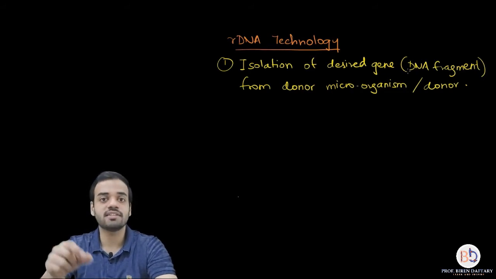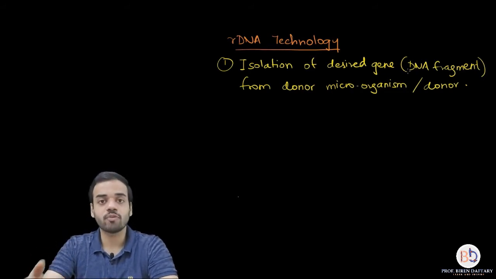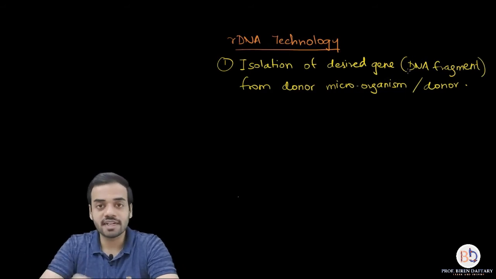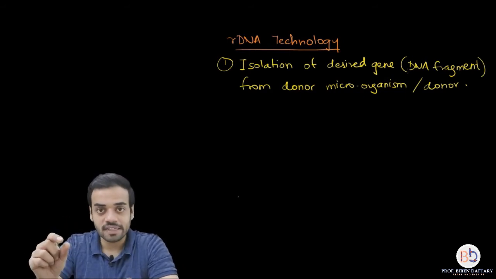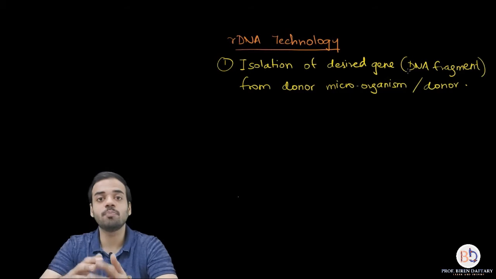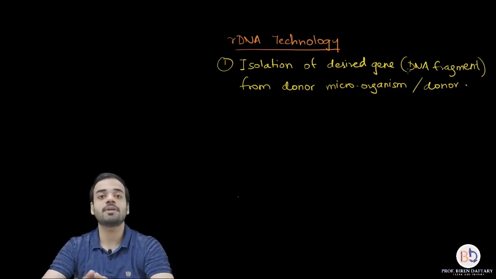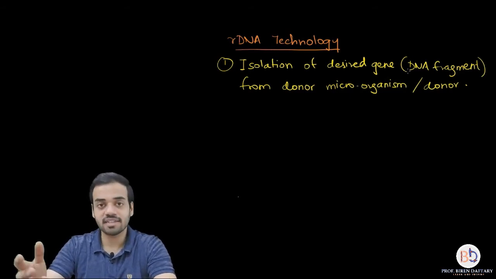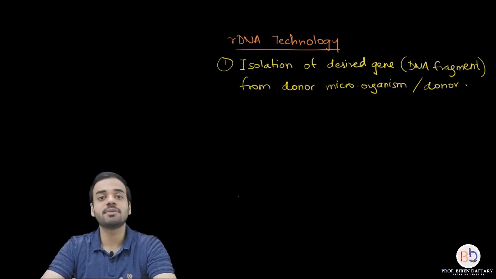You select the cell of the organism from which you want the gene. Once that cell is selected, then the next thing is to break the cells, because you want to separate the DNA from the cell. See, the cell, as I have already told you, is made up of many macromolecules, right? So the first thing that you want to do is separate the different components of the cell from each other.